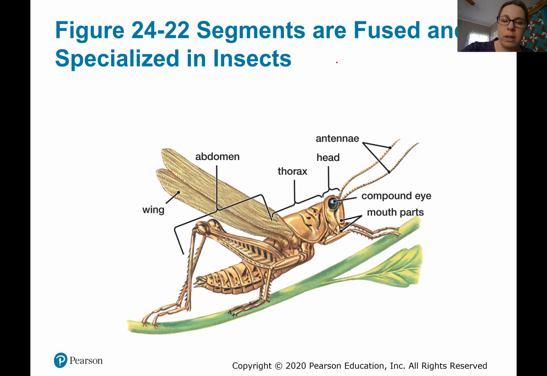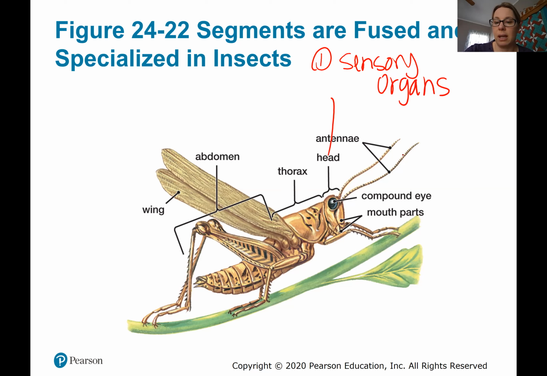The first one is going to be the head, and that's where the sensory organs are usually attached, like the antenna and the eyes. Then we have the thorax or the chest region, and that's used for movement.